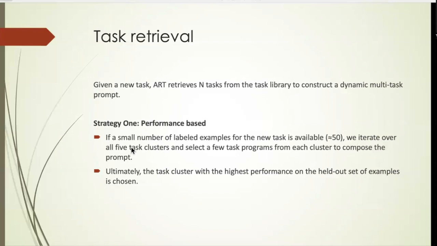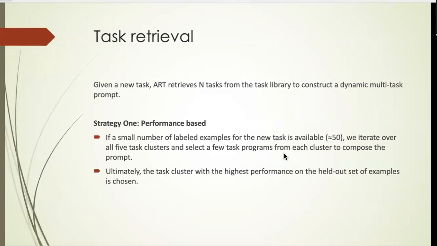So basically they just iterate over the 5 clusters of tasks and select a few programs from each cluster to compose the prompt as the in-context prompts to the LM, and then see which cluster or which reasoning skills work best. Some cluster can be research, some cluster can be math, some cluster can be coding, right?